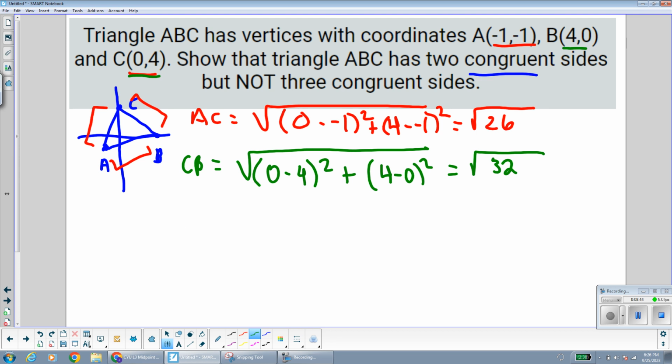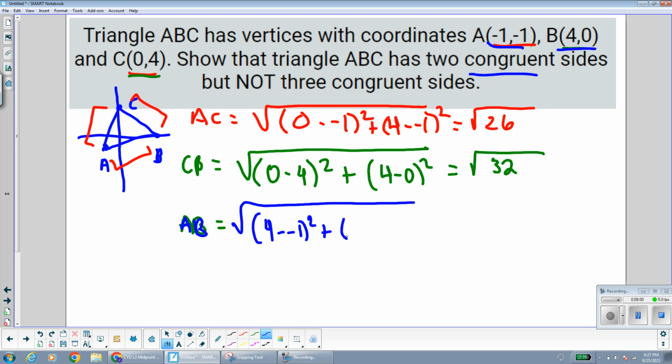And then finally, our last side is AB. I should probably use a different color for AB. So that is this and this. So let me get my radical so I don't forget it. So x2 minus x1, y2 minus y1 squared. Once again, going to type in everything that's underneath the radical, 4 minus -1 squared plus 0 minus -1 squared, and I got 26.